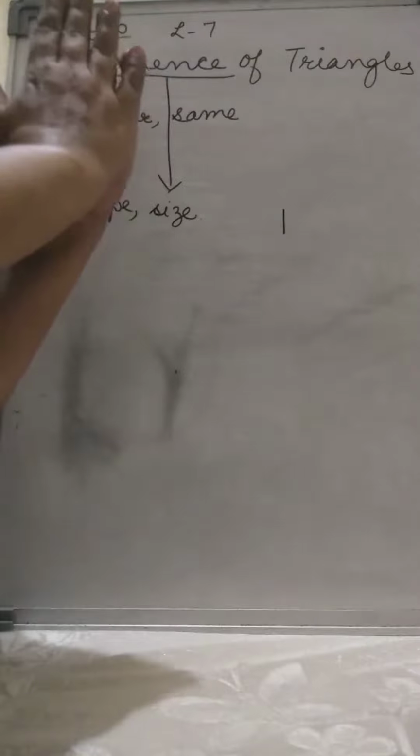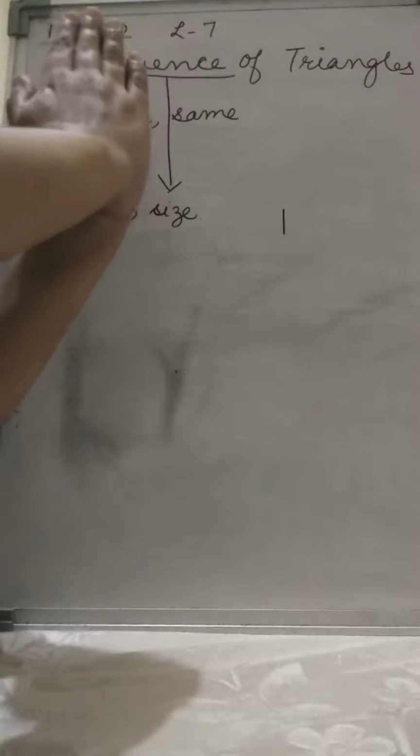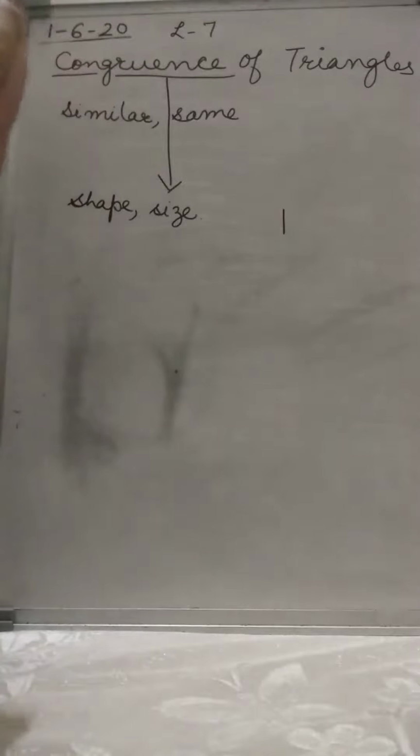Earlier you were saying that they are same. They are same, but they are congruent also because when you keep one on the other, you are able to see only one hand. I hope the difference between congruence and similar is now clear to you.